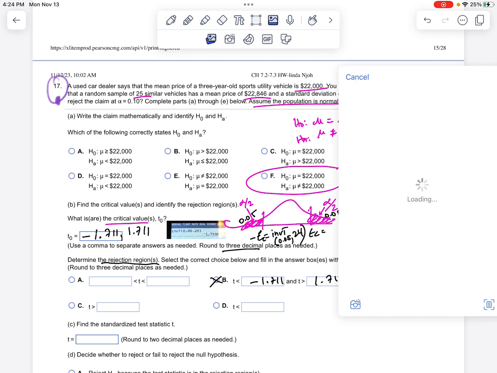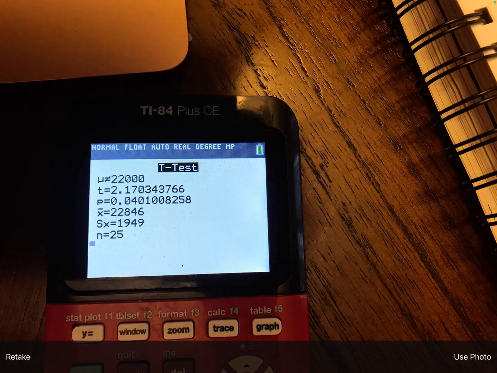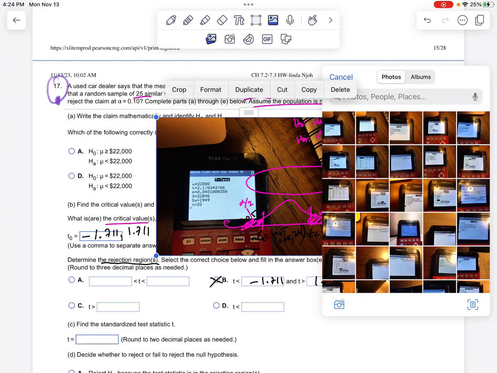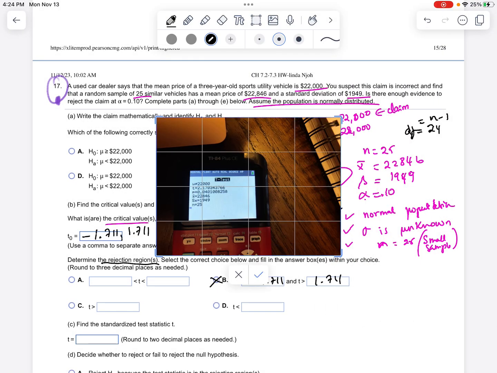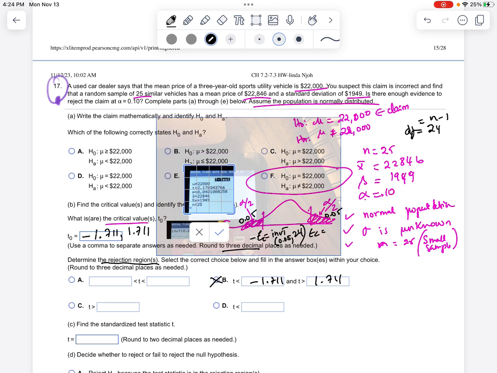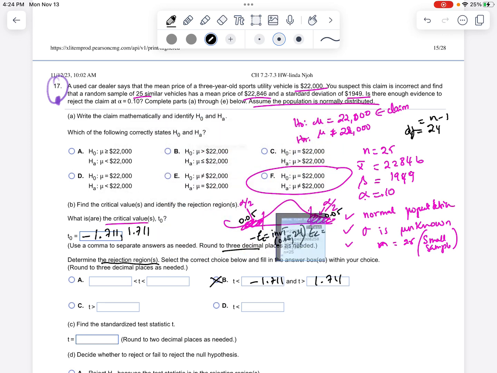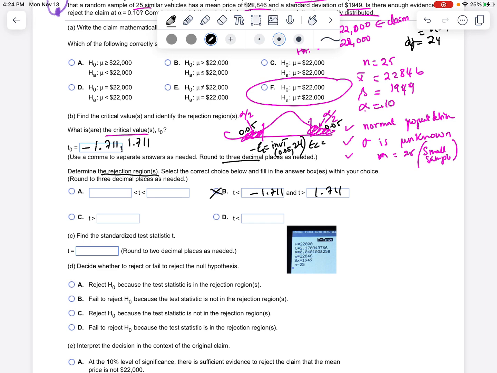Okay, so this is what we have. These are our results of a t-test, people. Make sure you use the t-test.